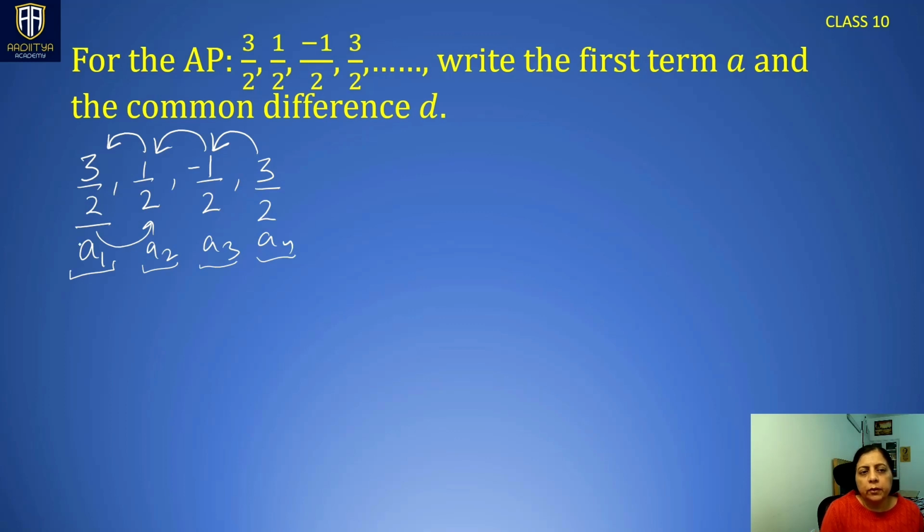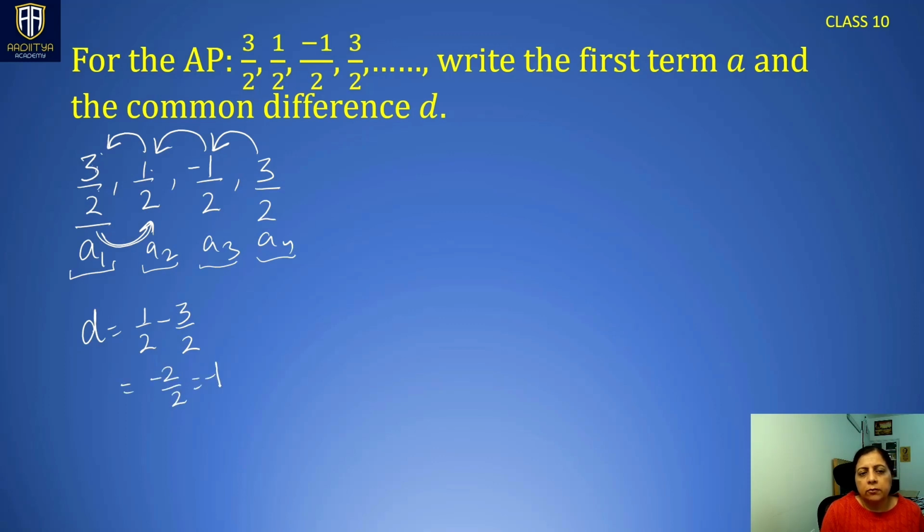If I have to find what number has been added to 3 by 2 to get 1 by 2, the common difference becomes 1 by 2 minus 3 by 2.